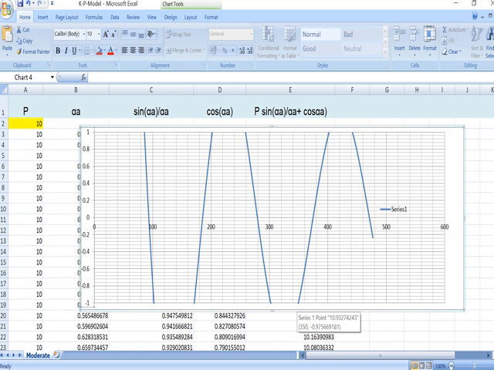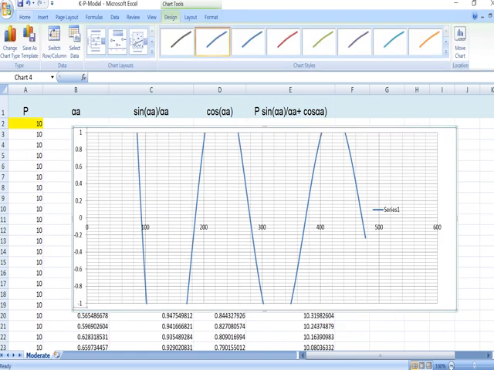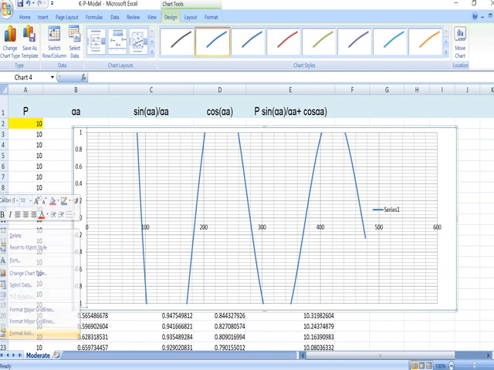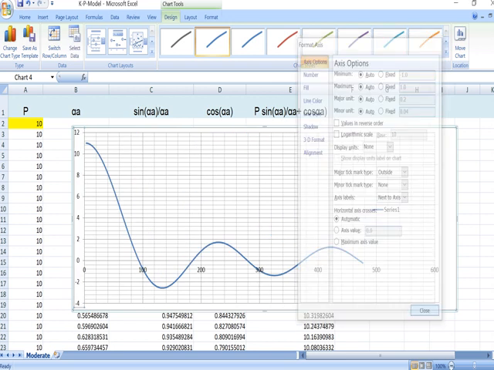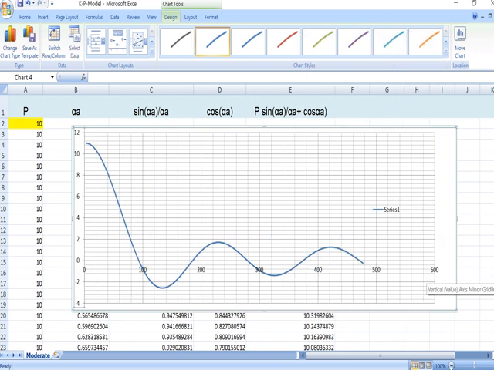So if you observe it clearly, then we would convincingly understand that because of the curvature of this P sin alpha a upon alpha a plus cos alpha a, and because of this nature, let me zoom it, we are able to clearly understand one particular point, that the width of the allowed band goes on increasing and the gap between them goes on decreasing.